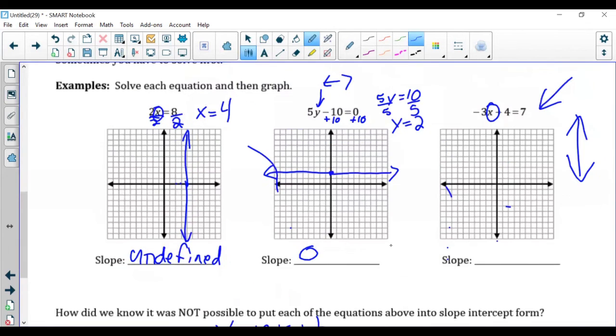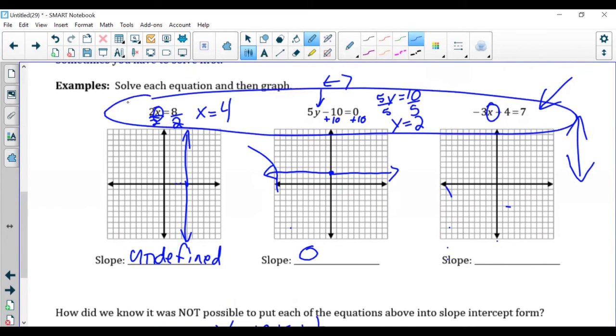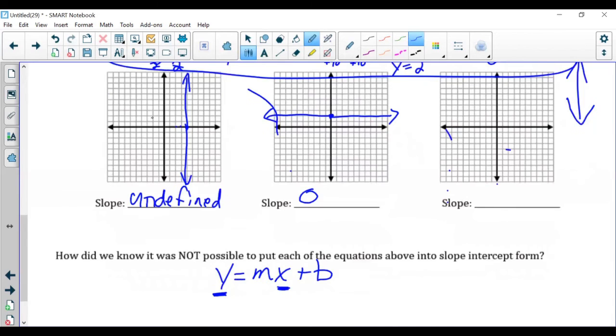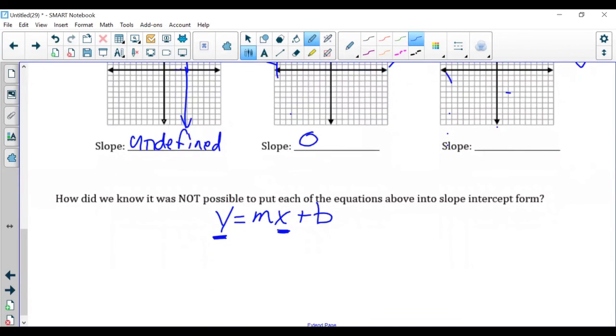Do I have both a y and an x in any of these 3? No. So I can't put them in slope-intercept form because I'm missing pieces. I don't have all the pieces. All right. So for slope-intercept form, you need both y and x.